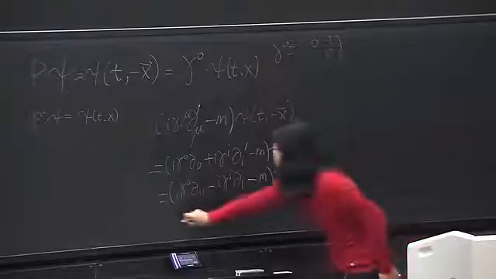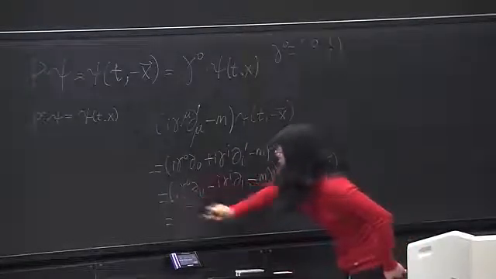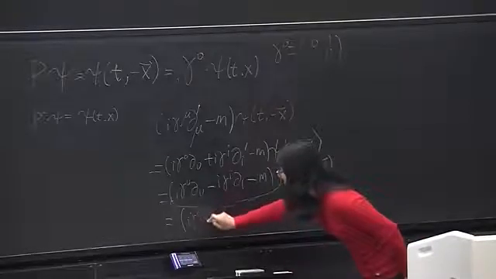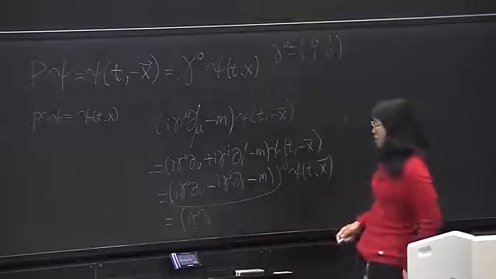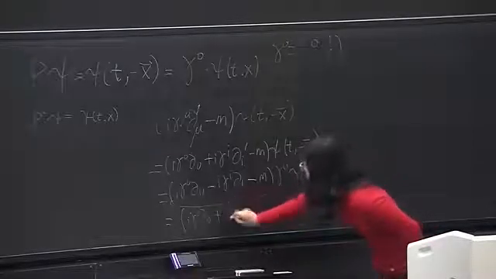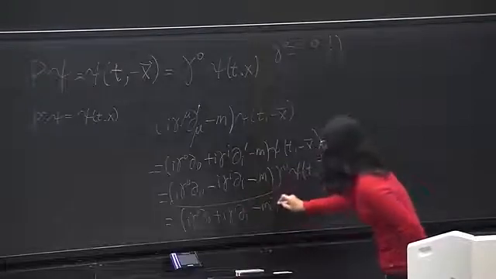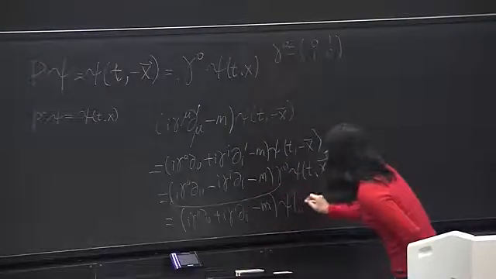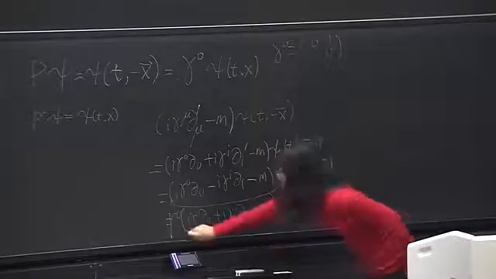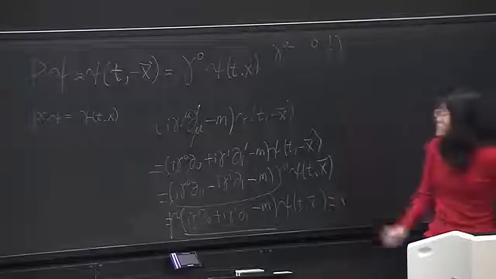The last thing to do is to commute this gamma 0 all the way to the front. The first term, nobody cares because it's gamma 0 and gamma 0. The second term we do care because it's a different gamma, which anti-commutes. Now the overall gamma 0 is in front. But this is exactly the Dirac equation, which is given to be 0.